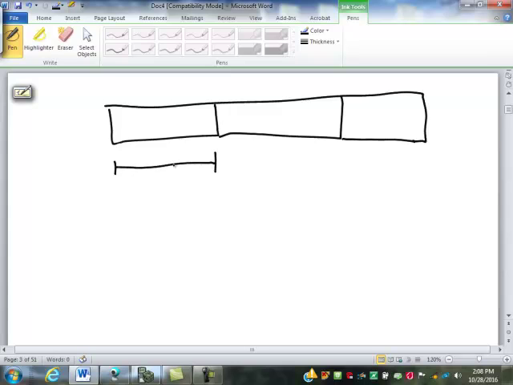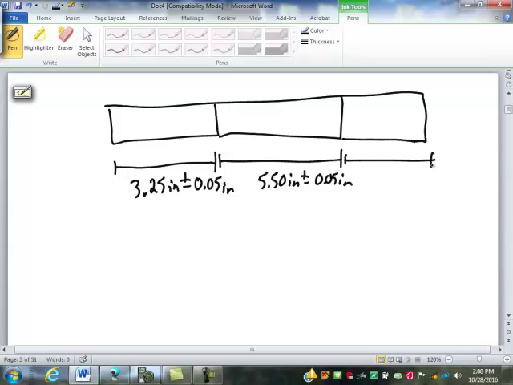Let's say this one here is 3.25 inches plus or minus 0.05 inches. This one here, we're going to go 5.50 inches plus or minus 0.05. And this last one will go 2.75 plus or minus 0.05.